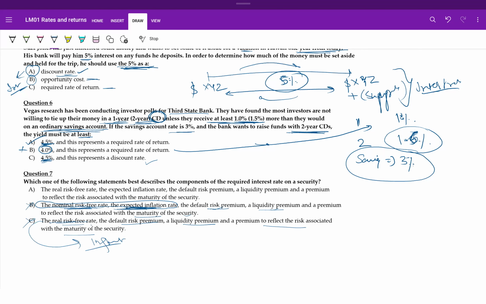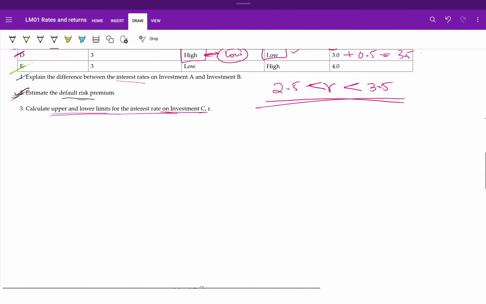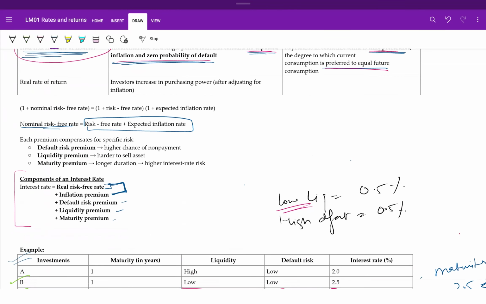Let's see option A. The risk-free rate is there, expected inflation is there, then default, liquidity, and the premium to reflect the risk associated with the maturity of the security, and this is exactly what they have asked in the question: risk-free rate, inflation, default, liquidity, maturity.